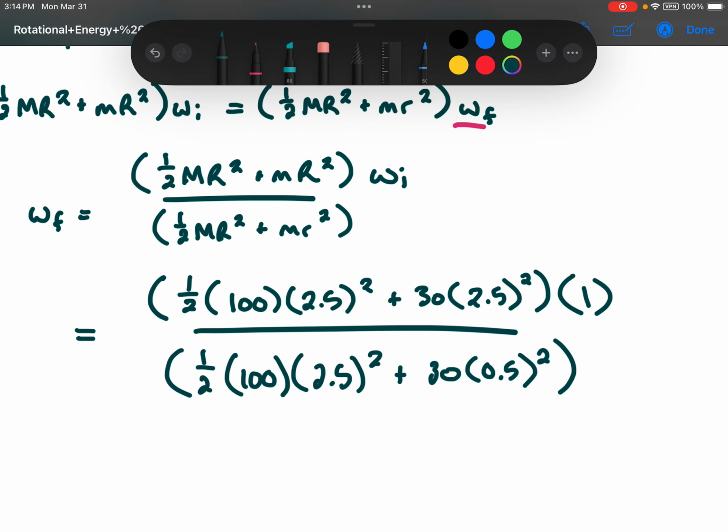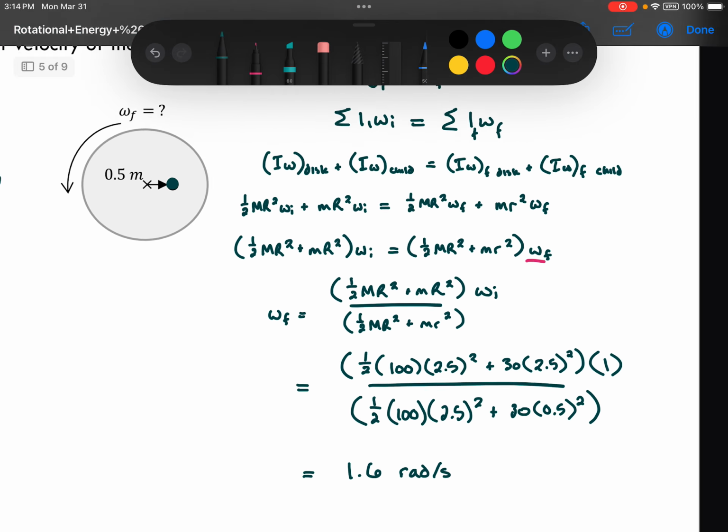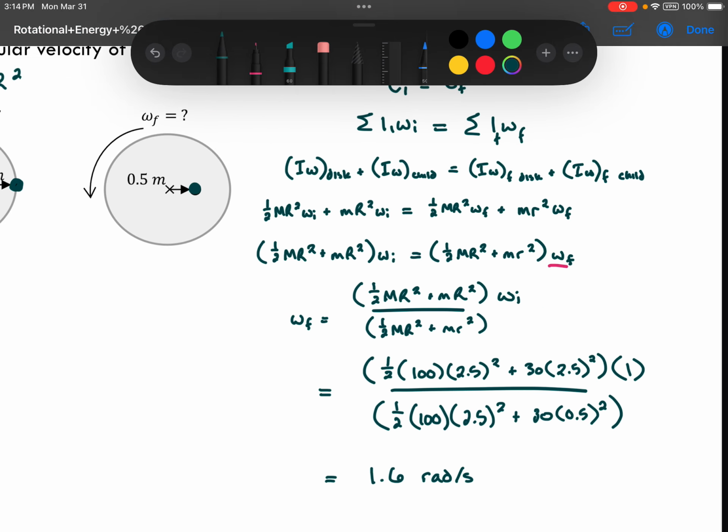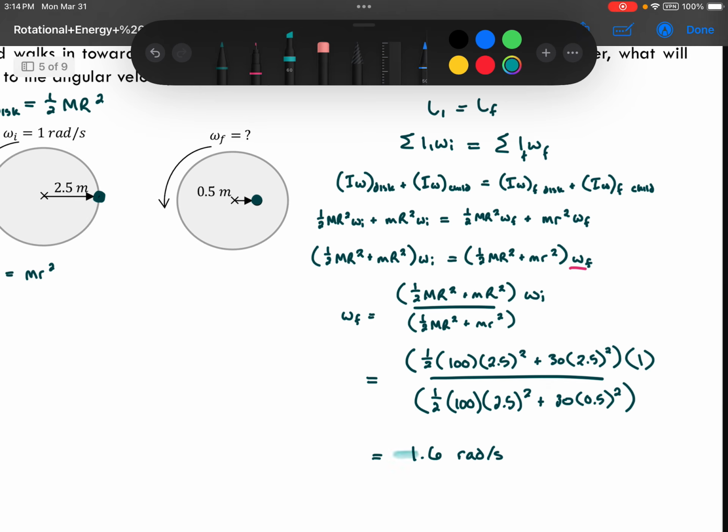We put it in the calculator carefully, and we get 1.6 radians per second. If we think of conservation of angular momentum, that makes sense. When the child moved closer to the center, the rotational inertia decreased because the mass distribution is now closer to the center. That means that the speed increased.